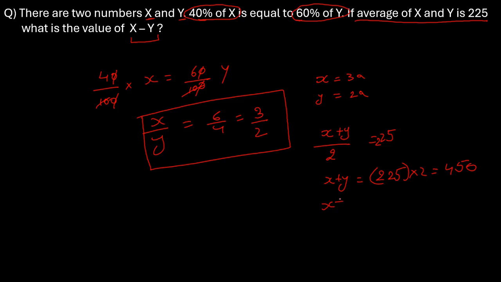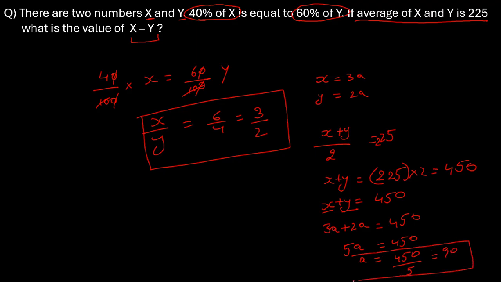So x plus y equals 450. We have the values of x and y as 3a and 2a, which equals 450. So the value of 5a is 450 and the value of a is 450 upon 5, that is equal to 90. So the value of a is 90.